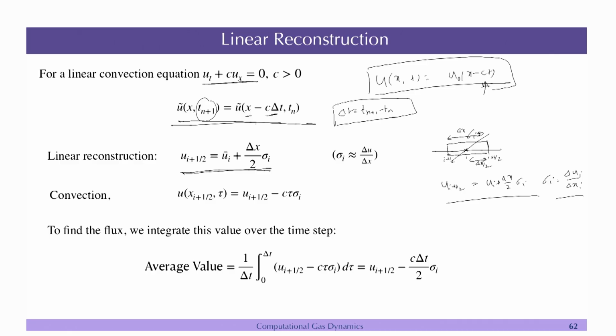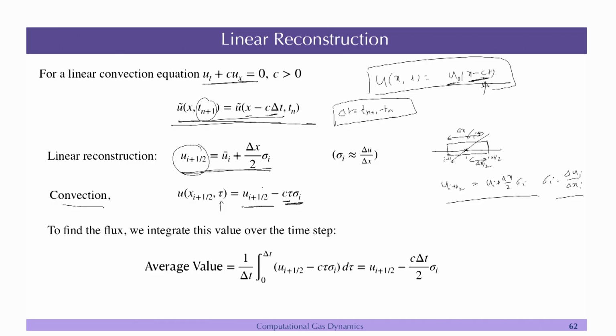So, when you use this formulation, the convection at a given time tau, a very small time tau, will be u I plus half, the initial value, minus c tau sigma I. Why this c tau sigma I? Because u_0 is equal to x minus c t, right.